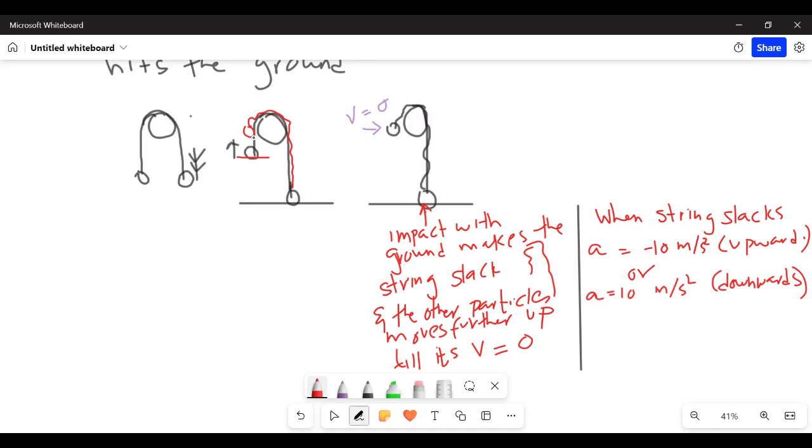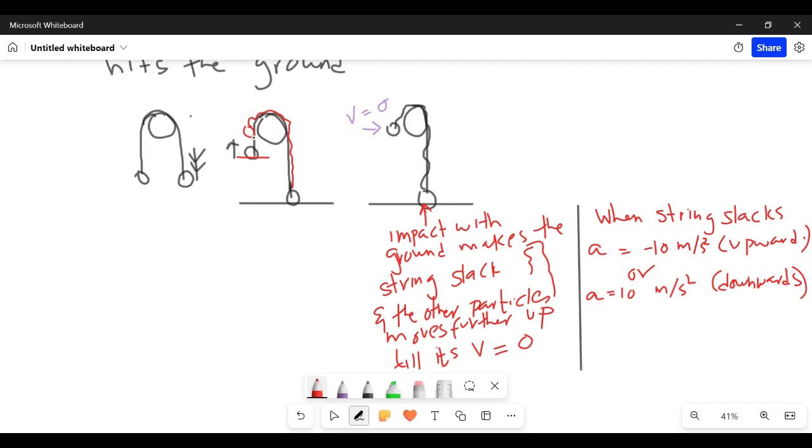So this means that when the string slacks, the system becomes like a free fall system. So in free fall, if there's no resistance, then acceleration is plus 10 if the object is falling downwards, or minus 10 if it's going upwards.